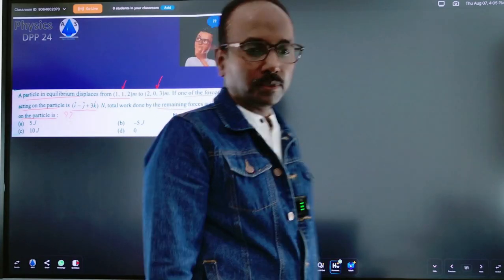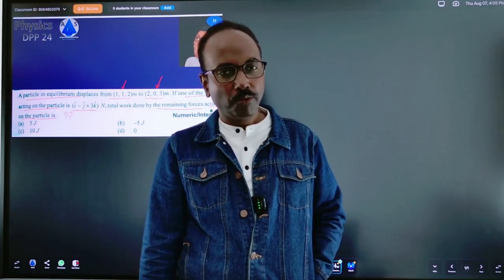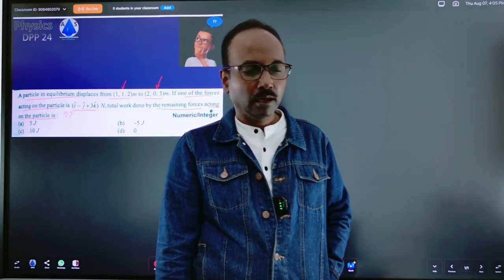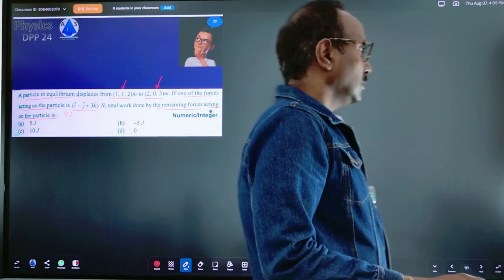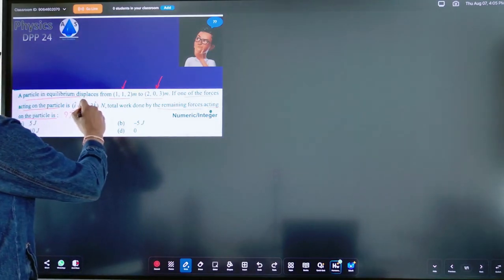So suppose n number of forces are acting on that particle and one of the force values is given.